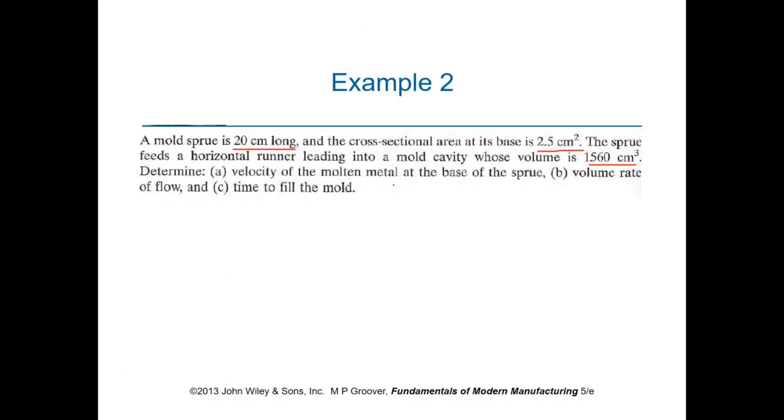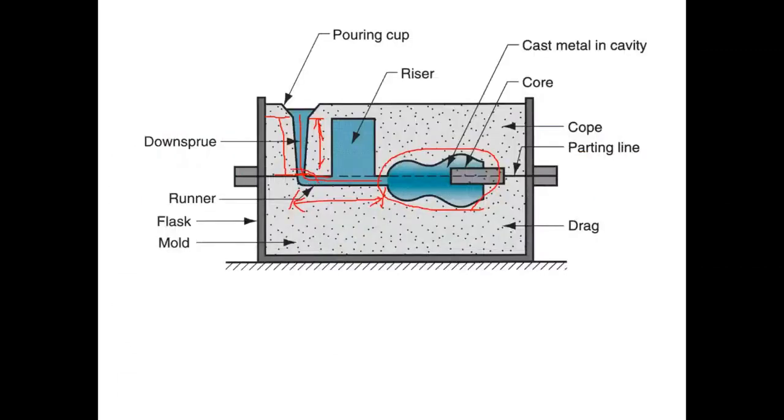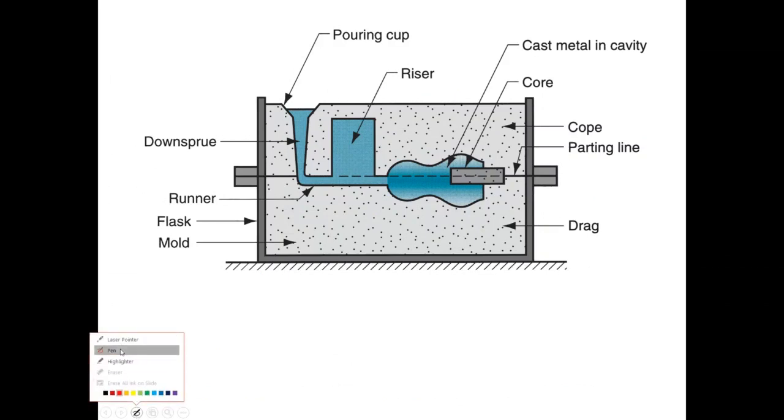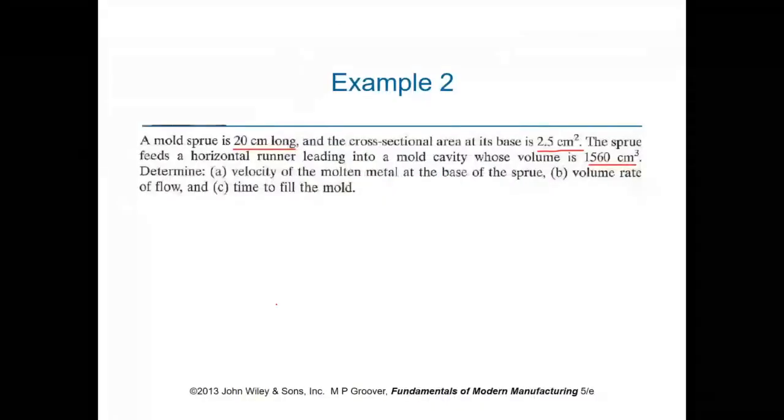Determine the velocity of the molten metal at the base of the sprue. Velocity of the molten metal where? Right here. This is the place where we want to compute the velocity, at the bottom of the sprue.